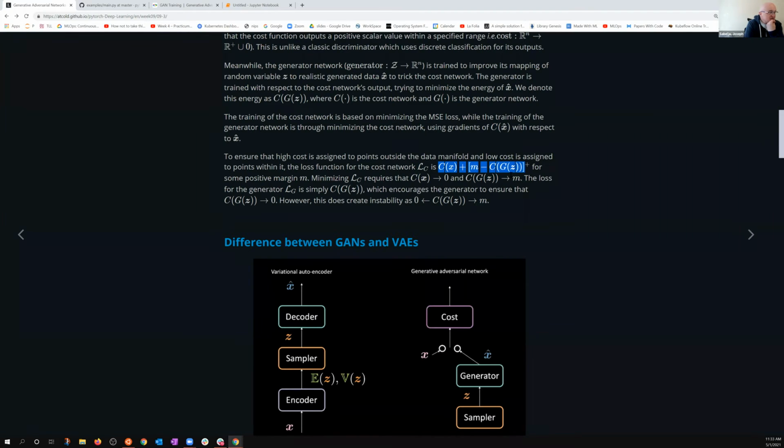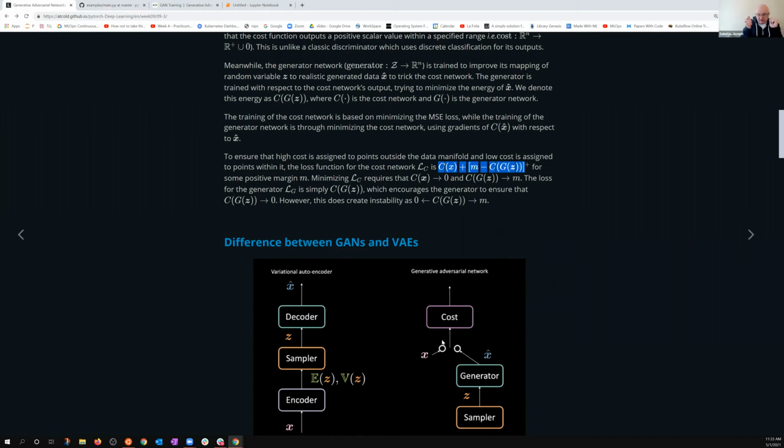Would C of G of Z be 0 because there's no X hat, right? Yeah, you have to pump in both, I think. Yeah, there's always a Z. There's never a case where there's no Z, because the generator always generates an X hat from some Z.